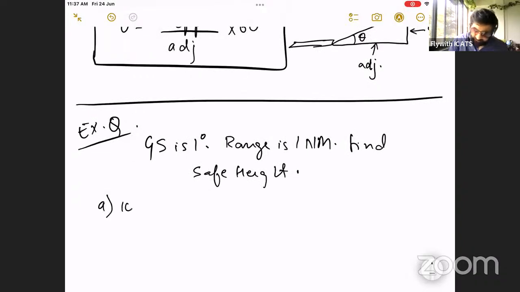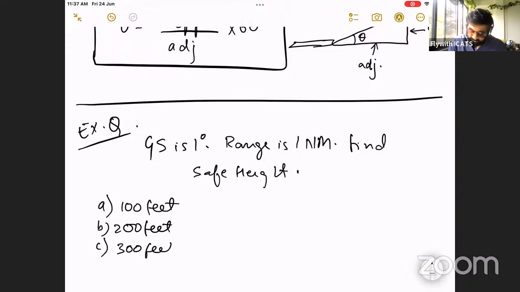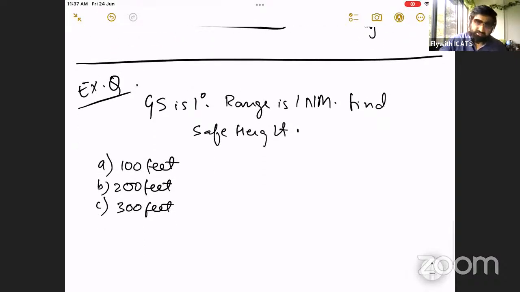Options are 100 feet, 200 feet, 300 feet. Can you solve it, students? Try to solve it and give me your answers in the chat box.